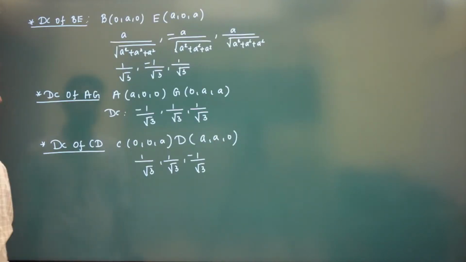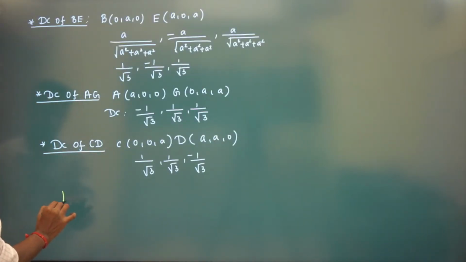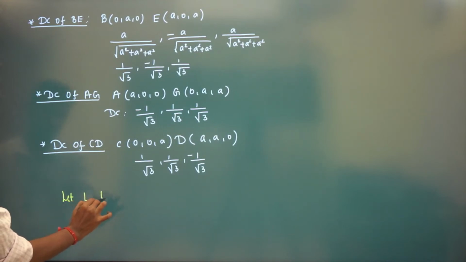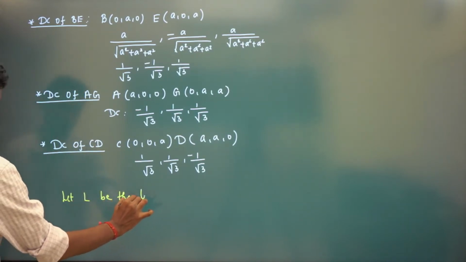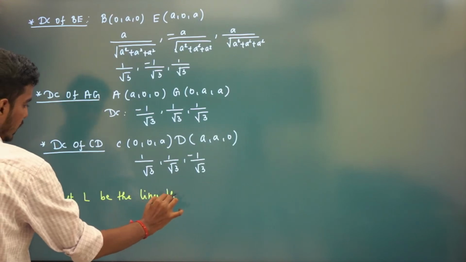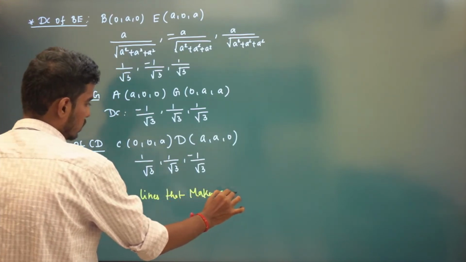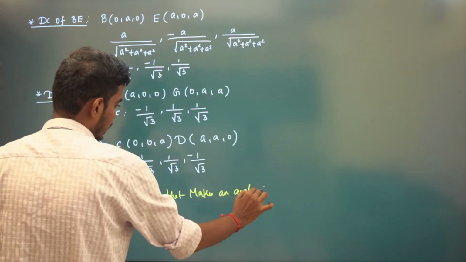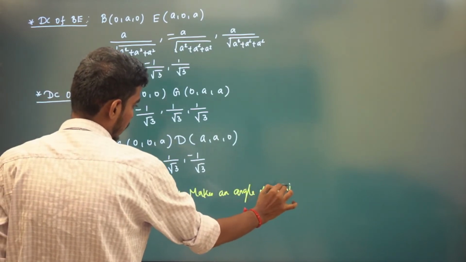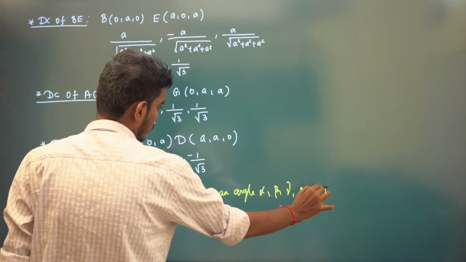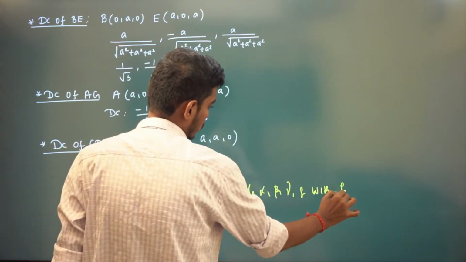So let L be the line that makes angles alpha, beta, gamma, delta with the four diagonals.